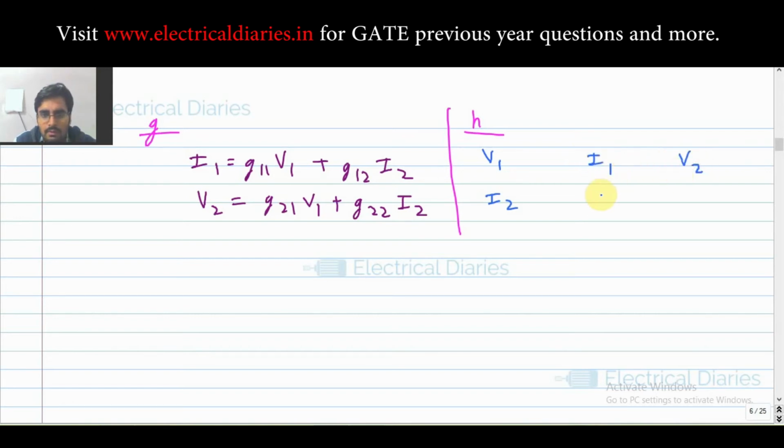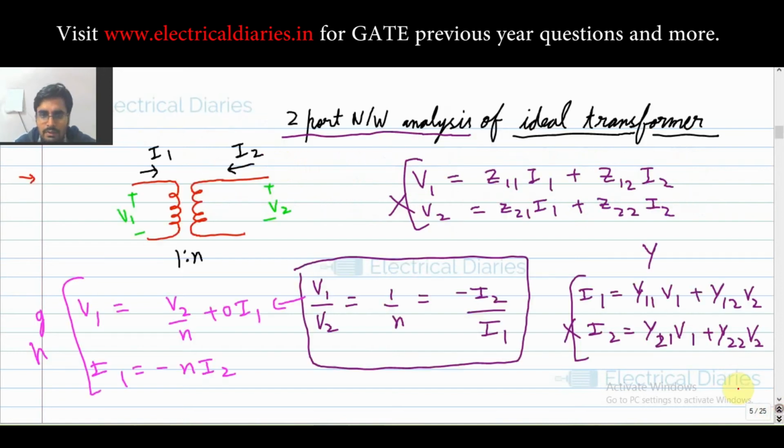Just interchange the alphabets. See here, with the G parameters I1 has dependence on V1 and I2, and from our relations we could see that V1 has dependence only on V2. Using these relations I could easily find out the parameters.